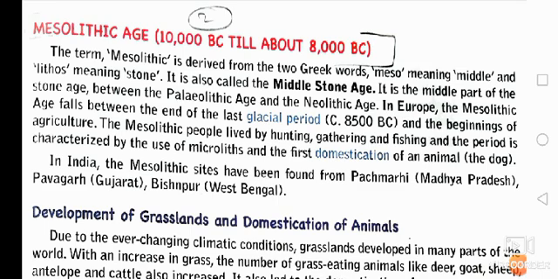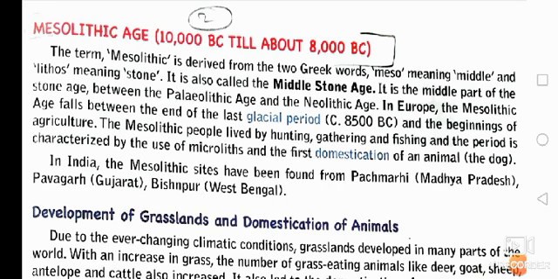The Mesolithic people lived by hunting, gathering, and fishing, and the period is characterized by the use of microliths and the first domestication of animals.